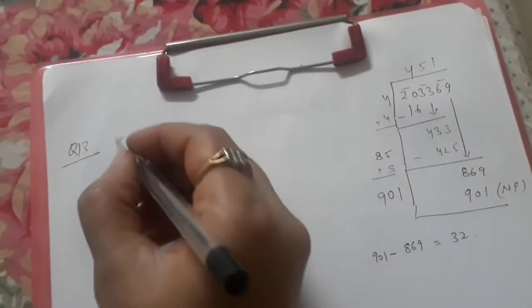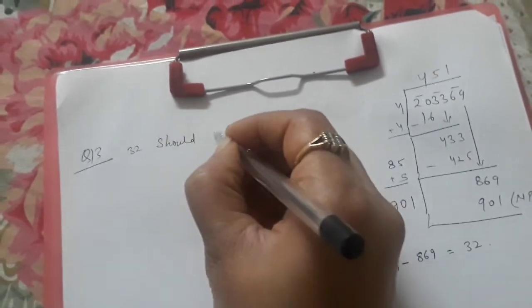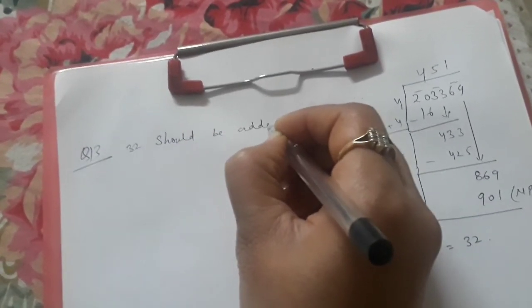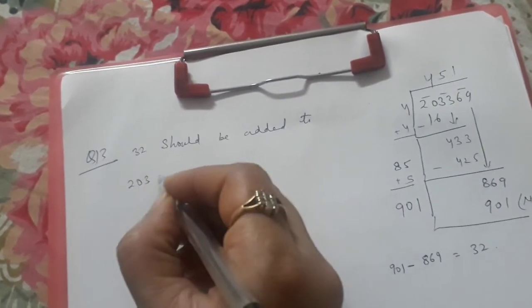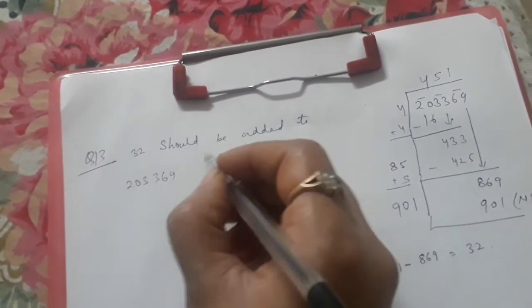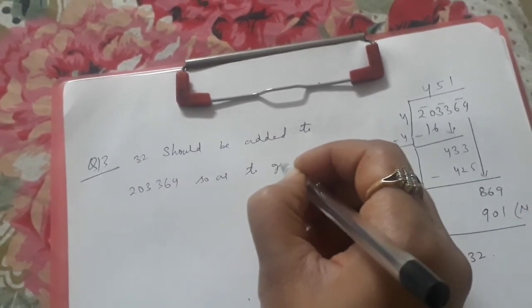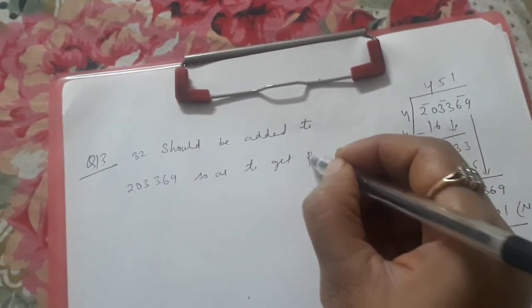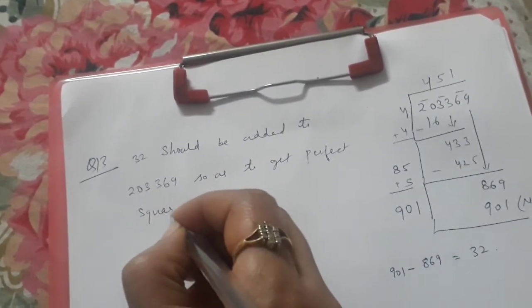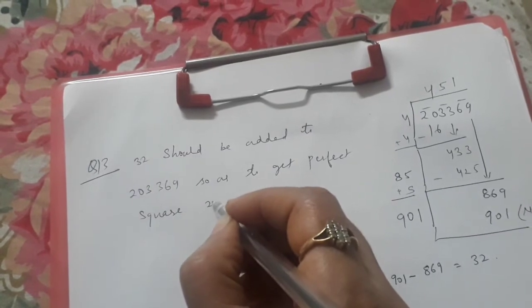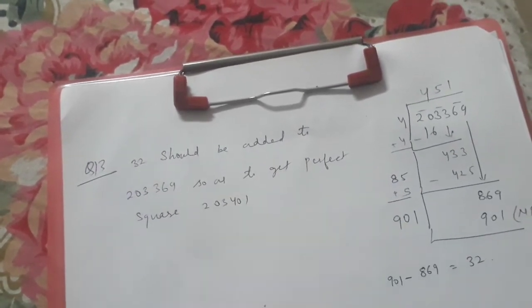So 32 should be added to 2,03,369 so as to get a perfect square, which is 2,03,401.